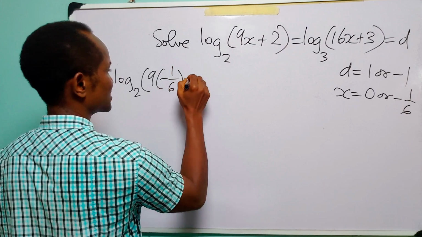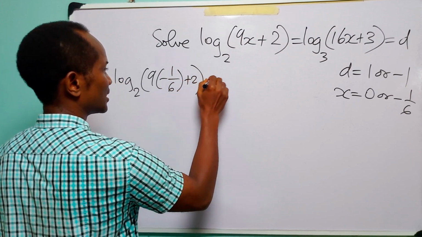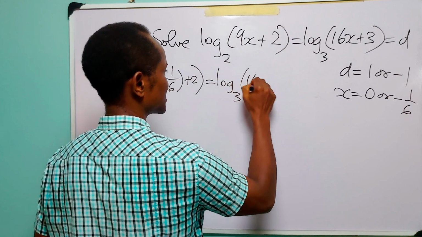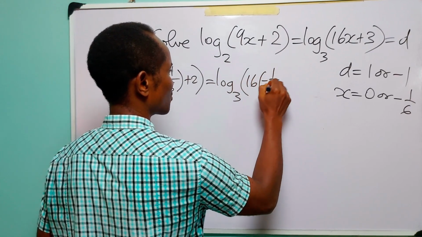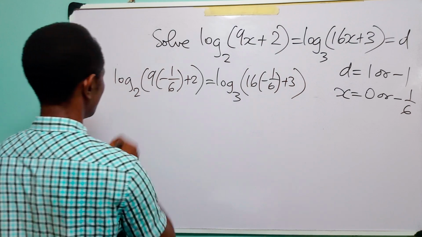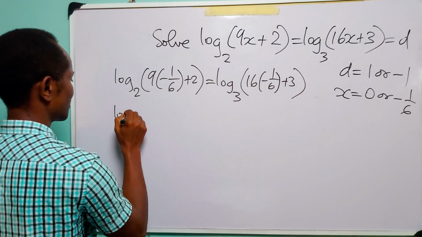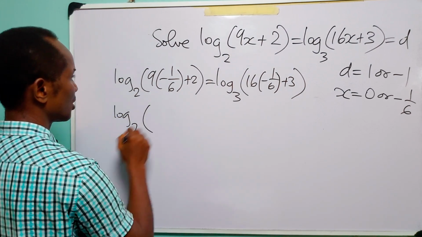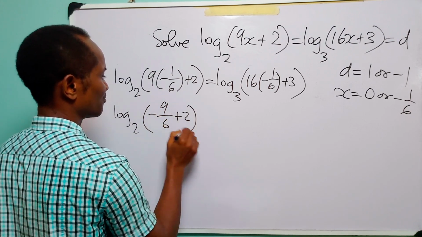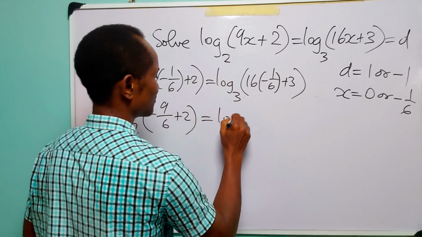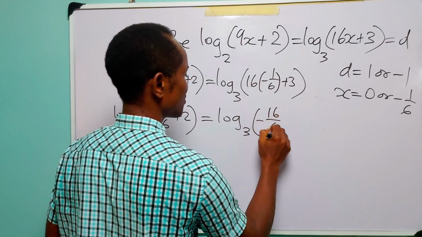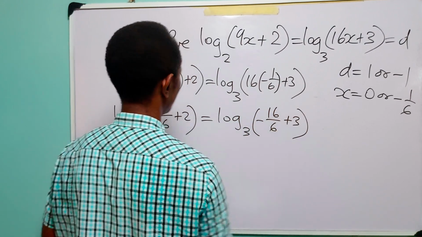And for the second value of x, we have log to base 2 of 9 times minus 1 over 6 plus 2 is equal to log to base 3 of 16 times minus 1 over 6 plus 3. This is log to base 2 of minus 9 over 6 plus 2, and it's equal to log to base 3 of minus 16 over 6 plus 3.